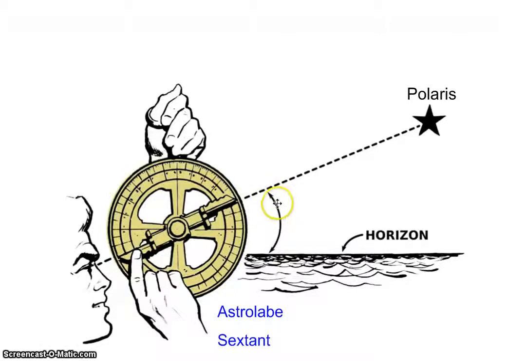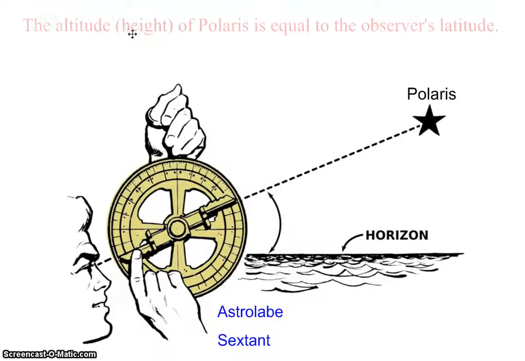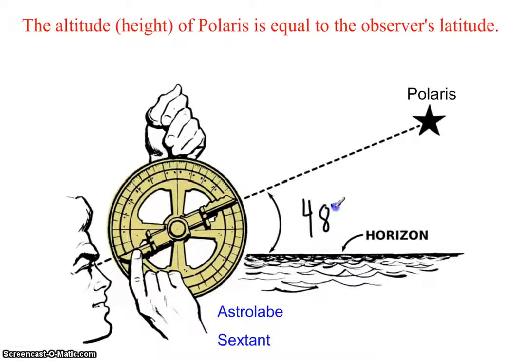Now that number of degrees is really important because it turns out that the altitude of Polaris, or the height of Polaris, is equal to an observer's latitude. So if you observed Polaris 48 degrees above the horizon, it meant that your latitude was 48 degrees north.